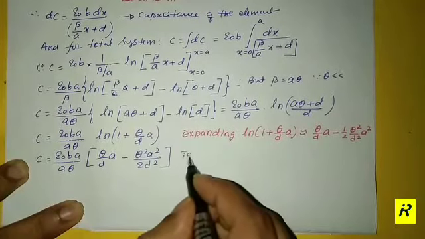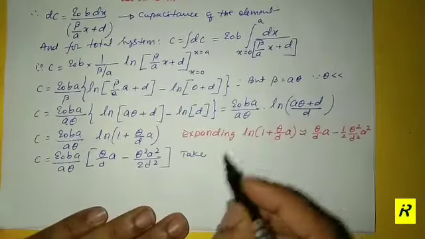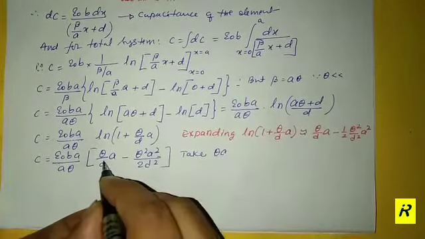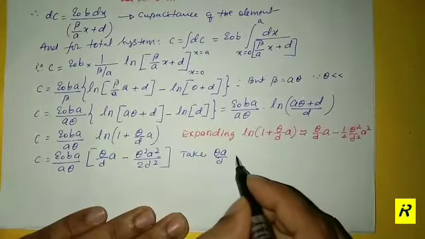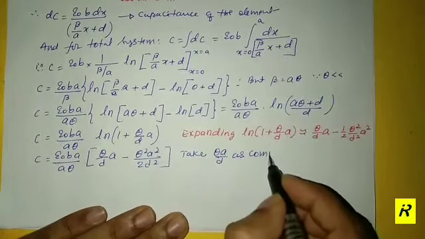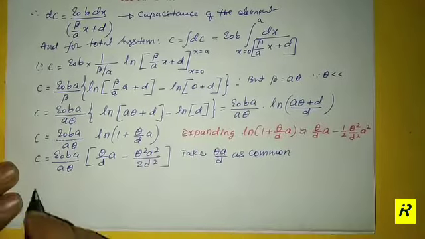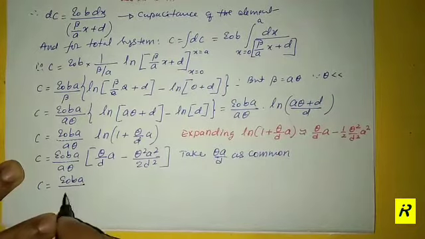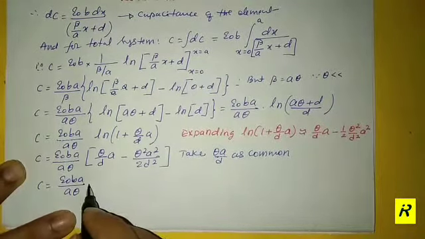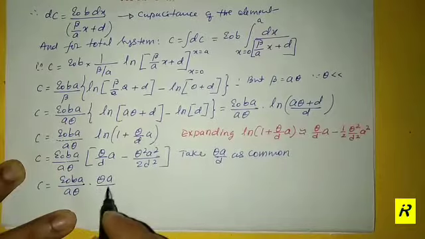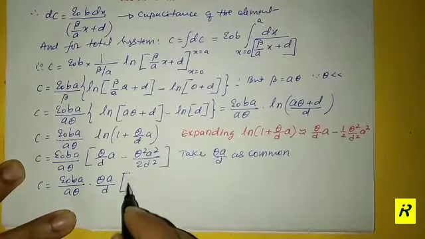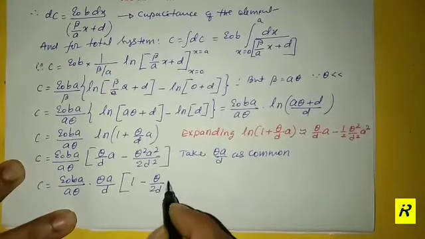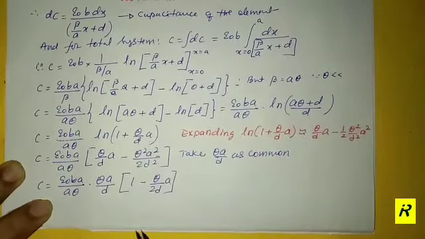So now take theta into A divided by D as common, right, as common. Then I get C is equal to epsilon O B A by A theta, and what I am taking out, theta A divided by D, outside. So I get 1 minus theta divided by 2D into A inside the bracket.